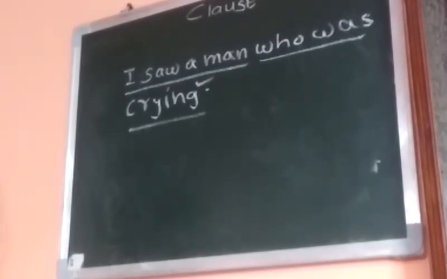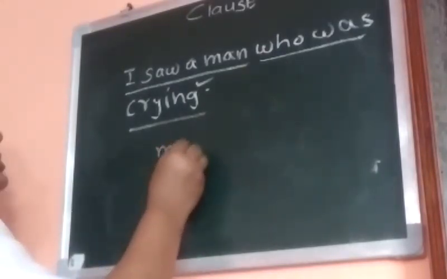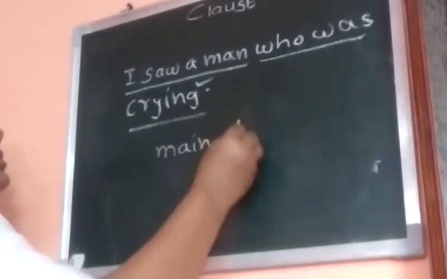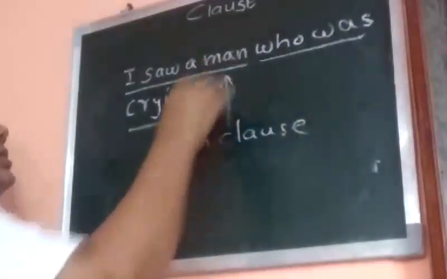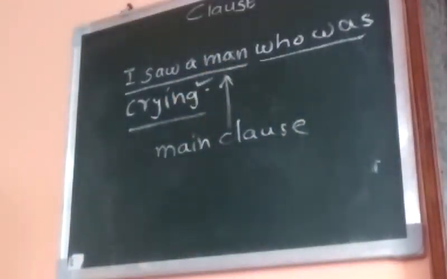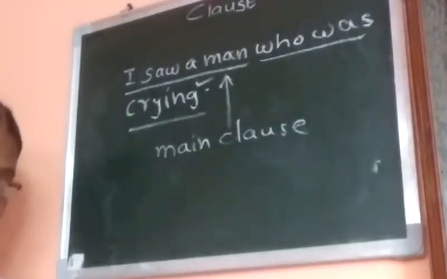Such a clause is called a main clause. The clause which stands alone and gives complete meaning is called a main clause.